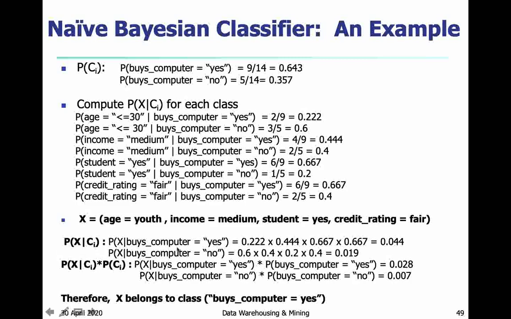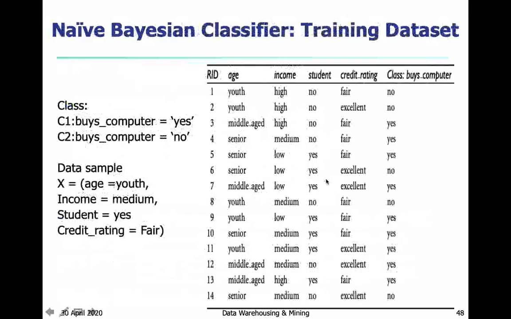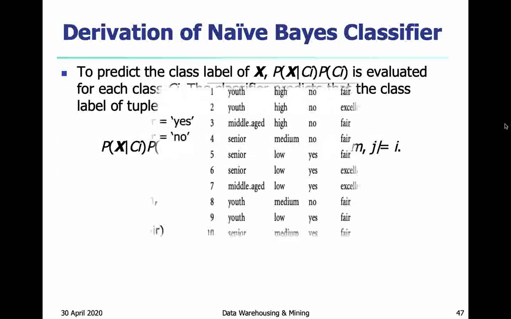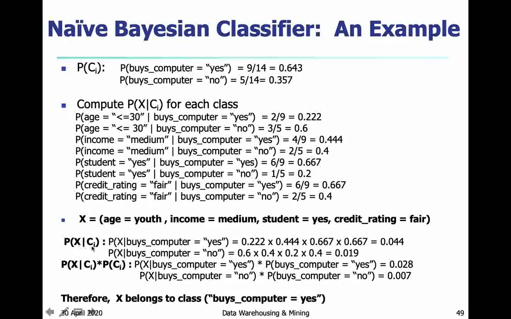So ultimately, what will be the value? The multiplication of all these according to the formula, right? So this is P of X conditioned on Ci.